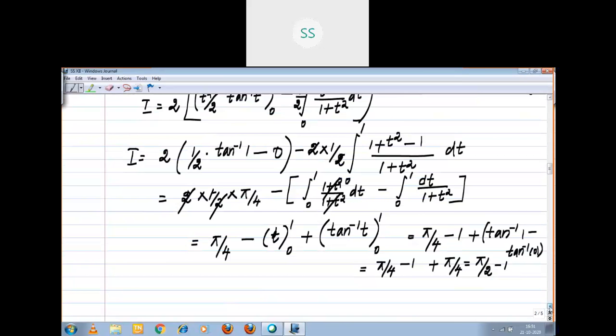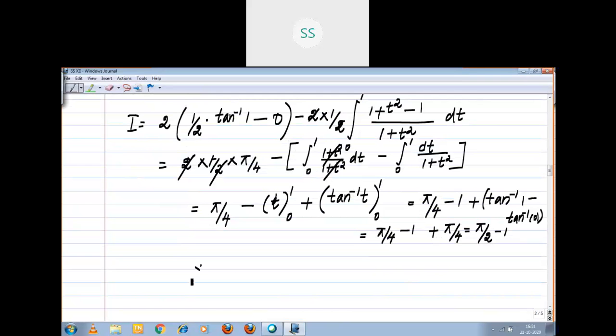Tan inverse 0 is 0. Therefore, I equal to pi by 2 minus 1.